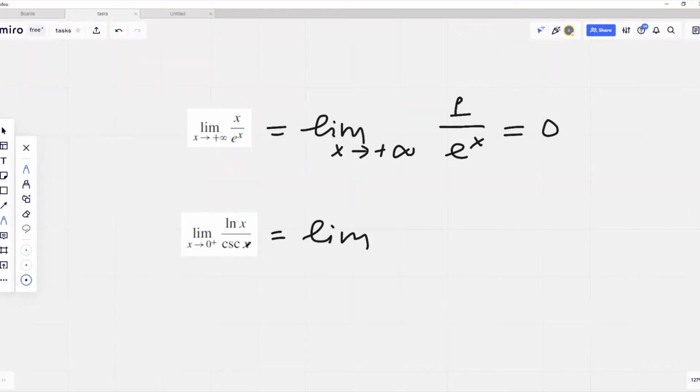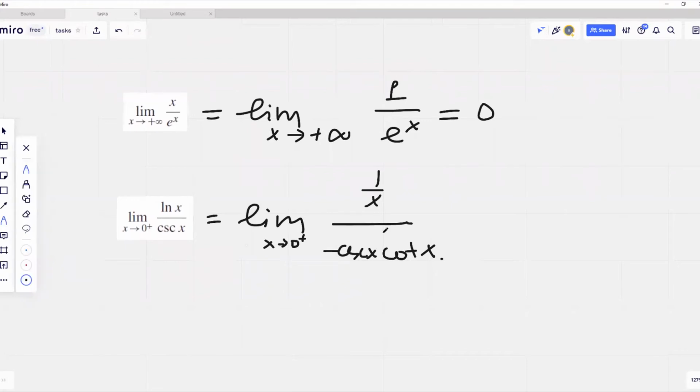And in the denominator, we have 1 over sine of x, which is plus infinity. Then using L'Hopital's rule, we can switch that limit with the following one. The derivative in the numerator is 1 over x. The derivative in the denominator is minus cosecant x cotangent of x.